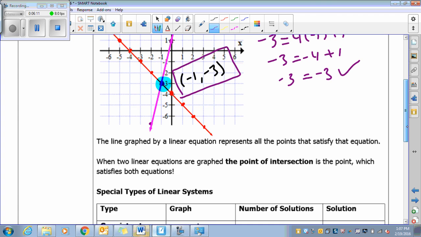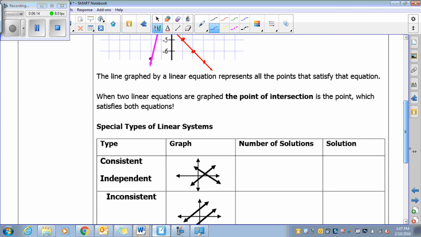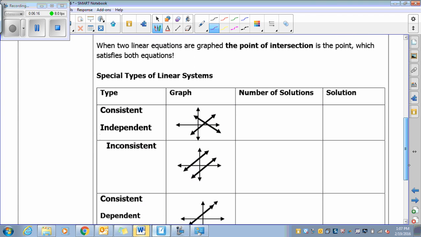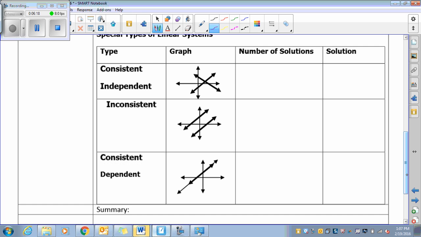Right, so when you are dealing with systems, if it has one solution, where the two lines intersect at one point, that is called a consistent and independent graph.